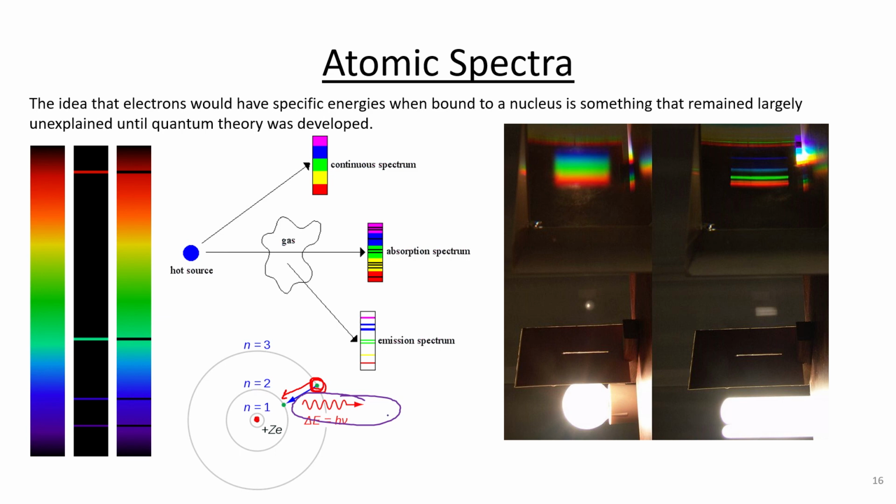Okay? And that's what's happening when the gas here is absorbing, so the electron is, say, starting here and absorbing some energy and getting kicked into a higher energy orbital. And then that shows up in the absorption spectrum because that particular energy of photon has been absorbed by the gas. And then if you look at the emission spectrum of the gas, well, then that is the result of the electron hanging out here.